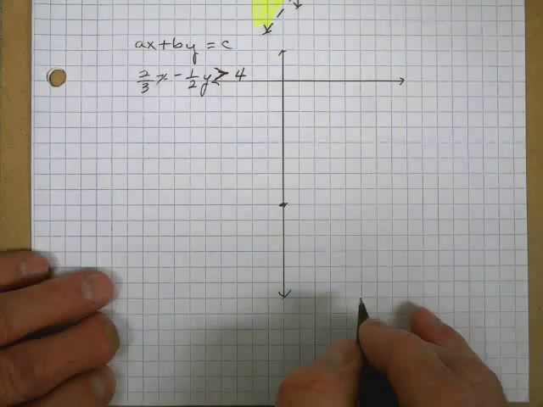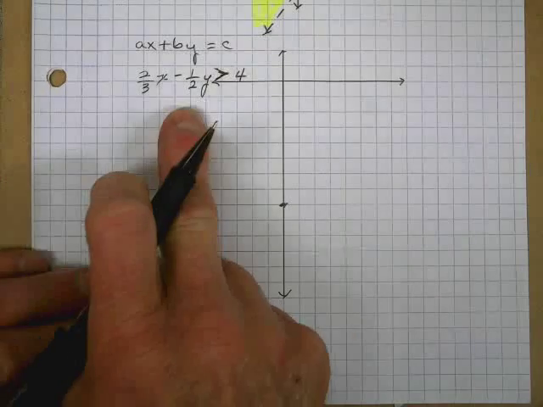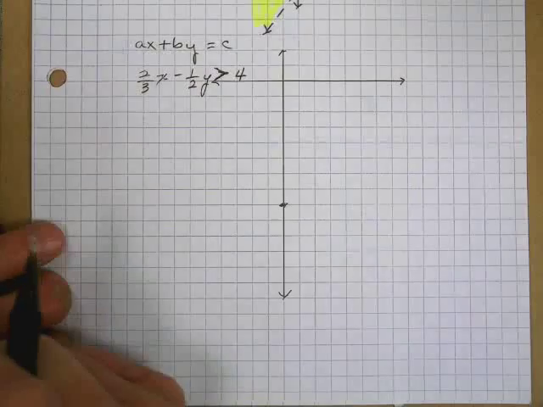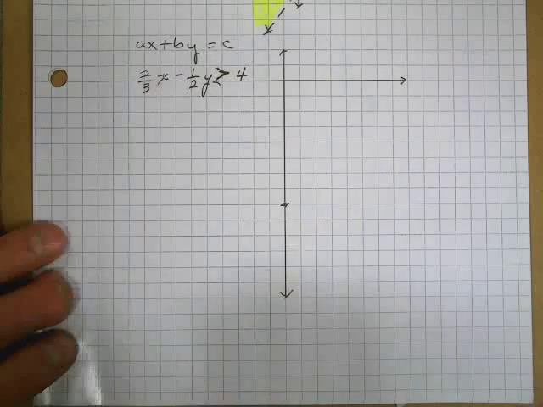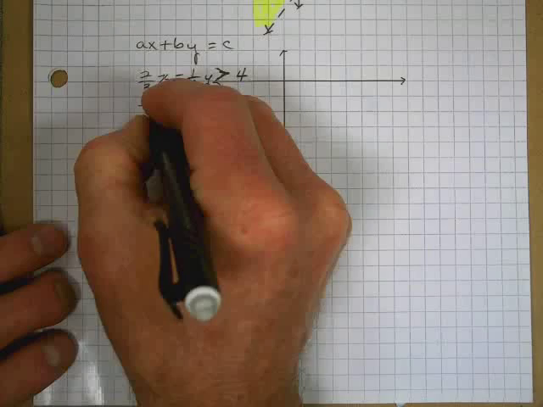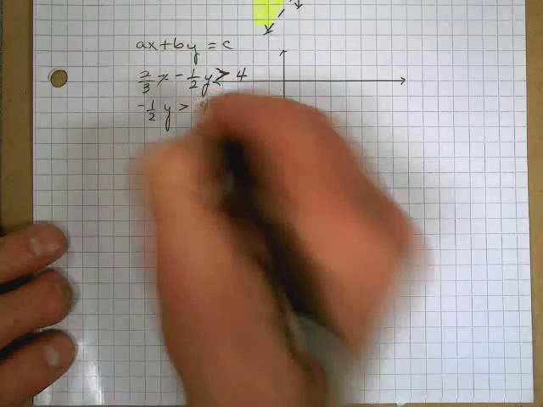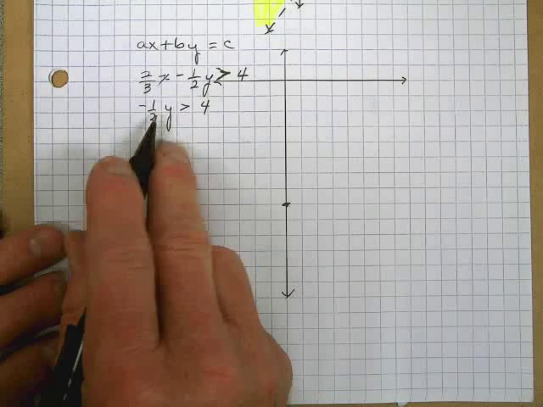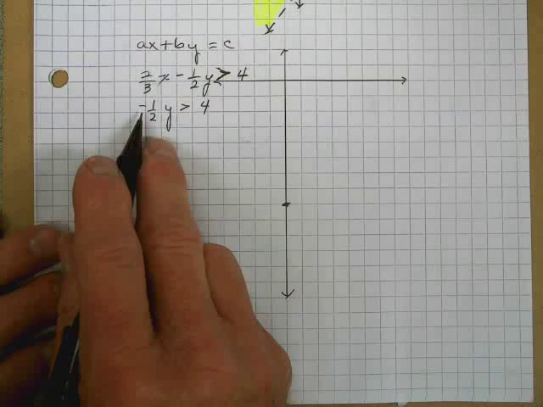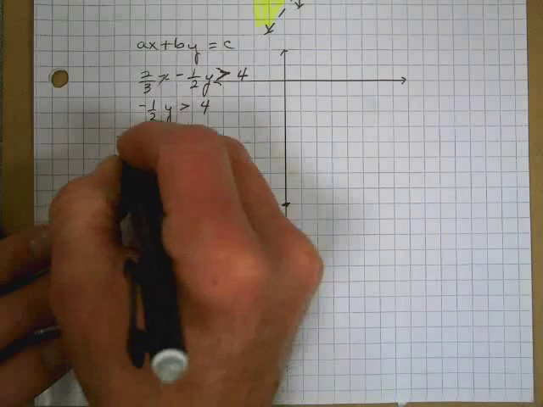There's our y-intercept. Perhaps I should write that solution process down so that you have an example of how that was done. So negative 1/2 y is greater than 4. I'm going to multiply both sides of this inequality by the multiplicative inverse of negative 1/2, which is negative 2.